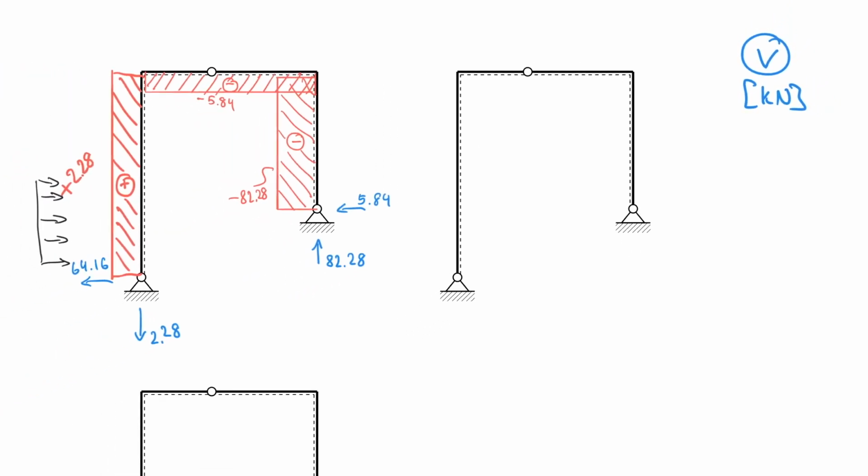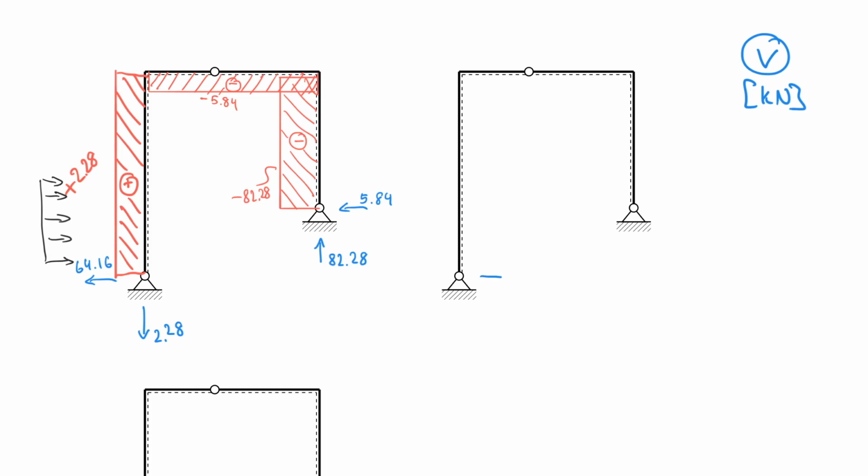So I guess it's helpful to once again bring in my arrows. 64.16 and 2.28 and 82.28 and 5.84. And now I wish I could rotate this picture by 90 degrees, but it's virtual, so that doesn't really work.